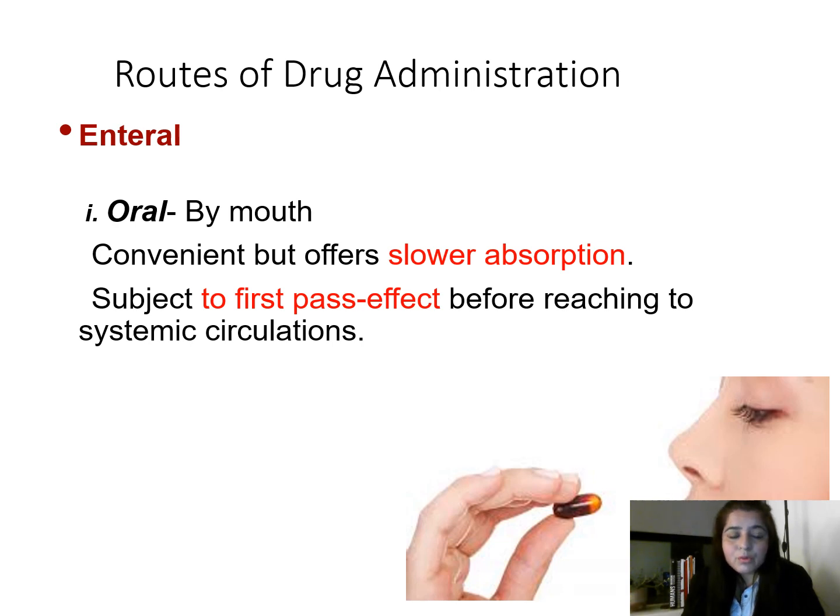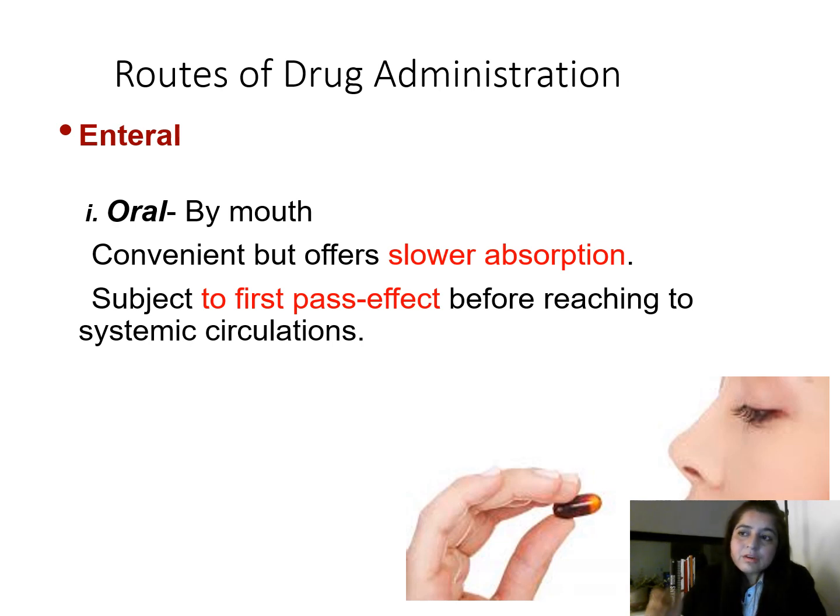We also have studied what a drug is, what a pharmacopoeia is, and what the branches of pharmacology are. So now in the final few slides, we will be studying how and from what sites the drug can be introduced in the body. We call these sites the routes of drug administration.